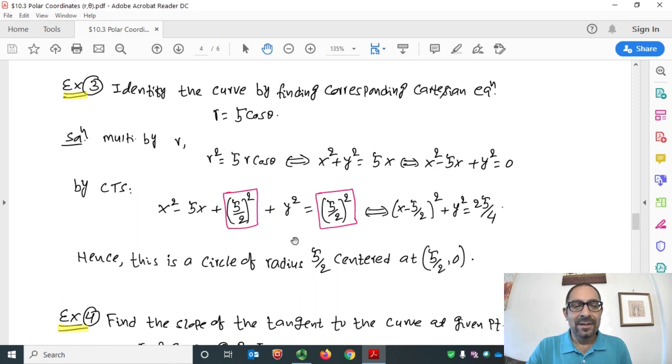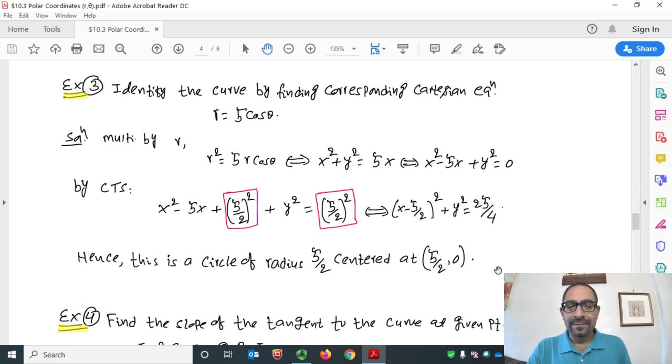The next step, these three terms give me the binomial x minus 5 over 2, squared, plus y squared equals 25 over 4. Hence this is the equation of a circle of radius 5 over 2 and center at (5 over 2, 0). I hope this makes sense to you all.